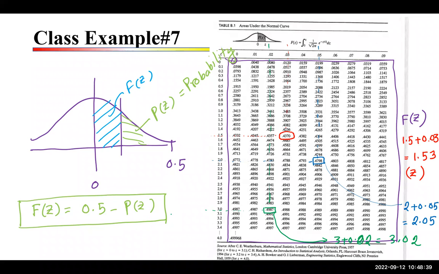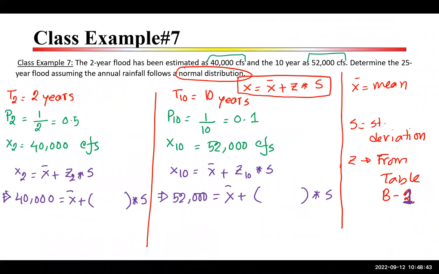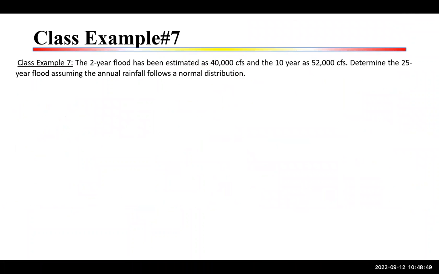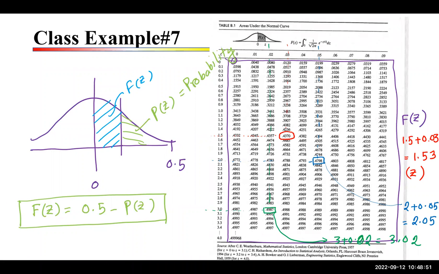From your given data set, we already have all the probabilities. Yes. So the 1.53 is on the table. Exactly. So you can actually use this table both ways. If you know the Z value, you can find that Fz.